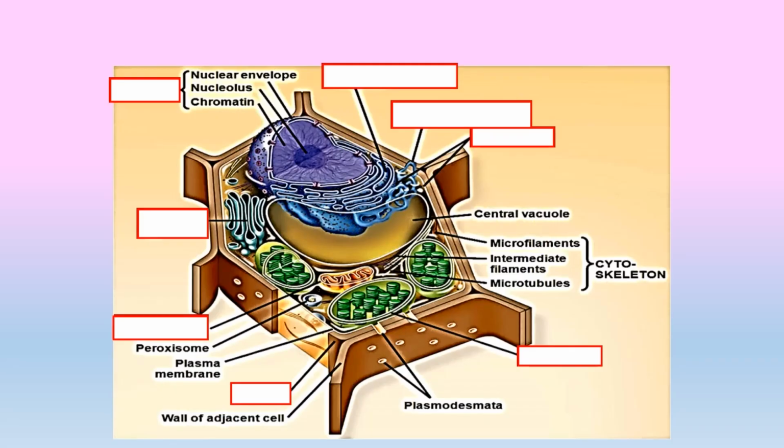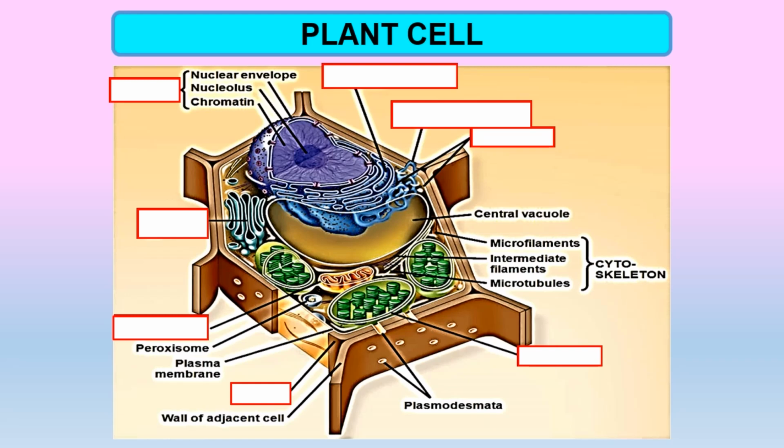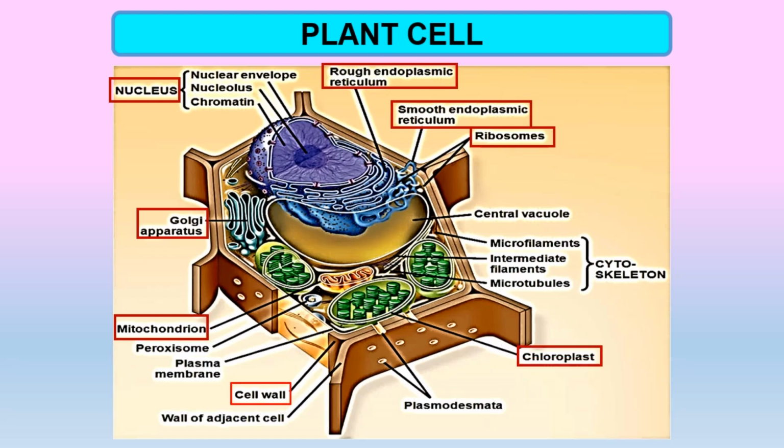This slide shows a diagram of a plant cell, and the organelles that you need to know are nucleus, Golgi apparatus or Golgi body, mitochondrion, cell wall, rough endoplasmic reticulum, smooth endoplasmic reticulum, ribosomes, and the last one is chloroplast.